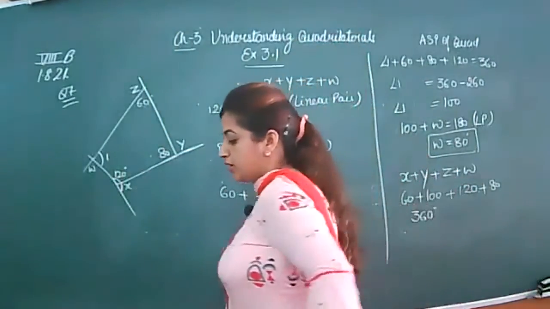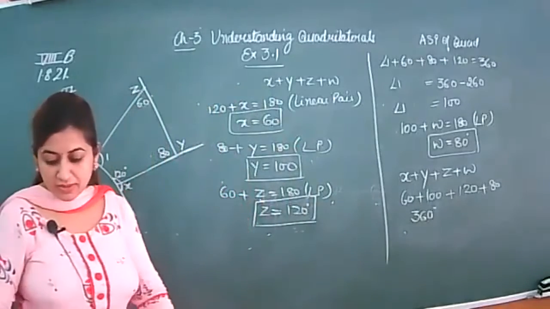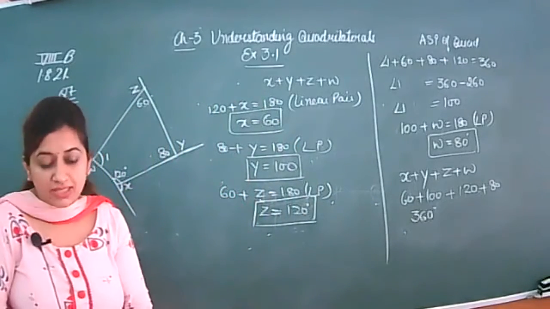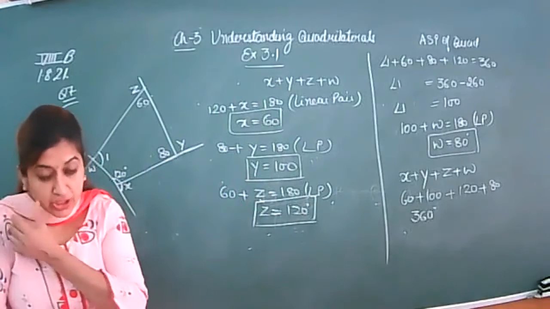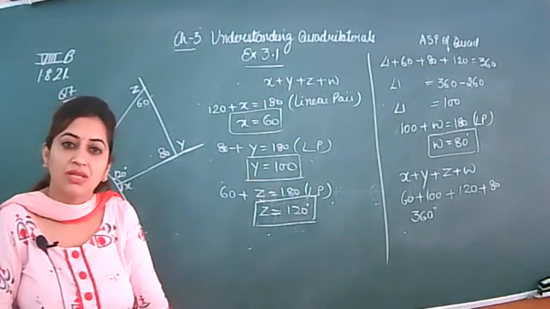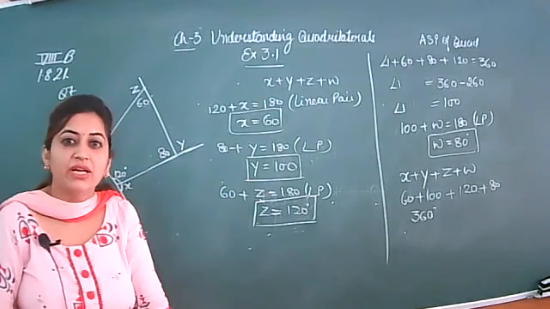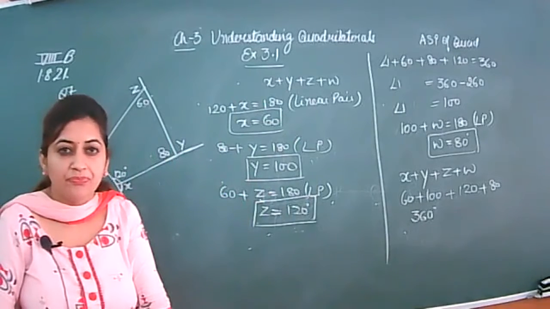Okay. So let's start with the next question that is given on page number 43. Try these is given. You are given a hexagon and you have to answer the following questions. It is a regular hexagon. All its sides and all its angles are equal.